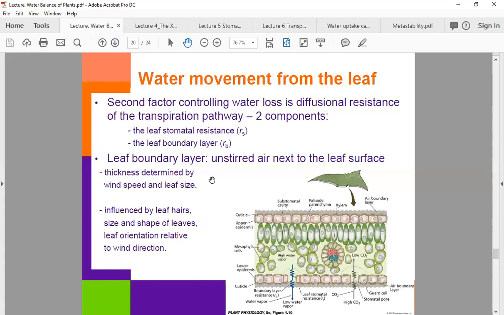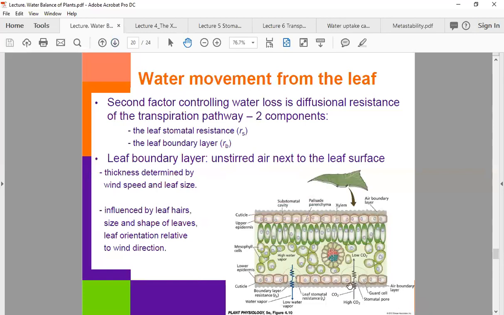The leaf boundary layer is a layer of unstirred air saturated with water vapour right next to the leaf surface. You can imagine if the water vapour is diffusing out through the stomatal pores, that water vapour will accumulate just outside the surface of the leaf, and this is what we refer to as the air boundary layer.